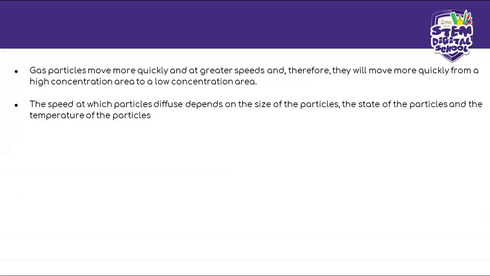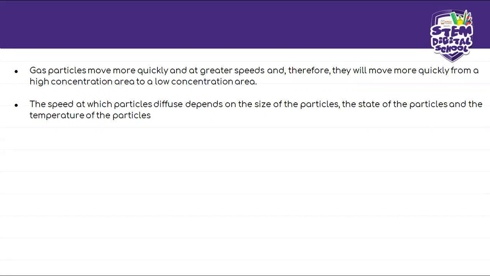If the particles are gases compared to liquids, then it is expected that the gases will what? Diffuse faster, because they are moving quicker than liquids. So gases diffuse faster than liquids.